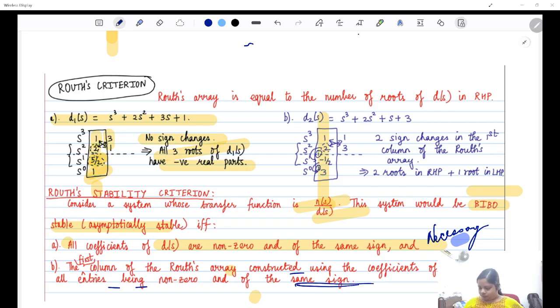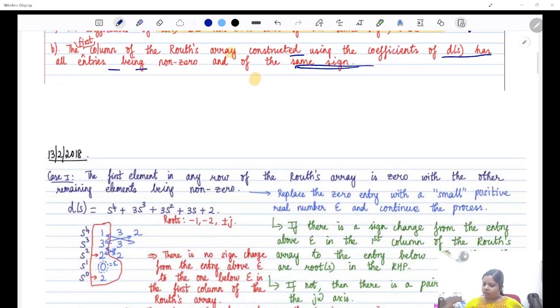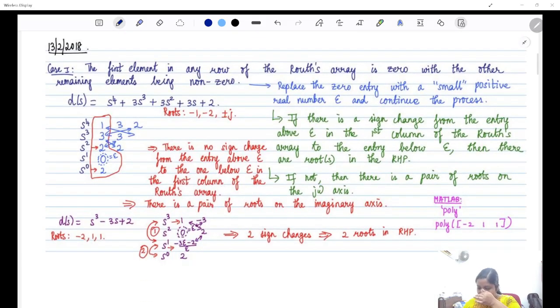So after this, I'll not go through everything, but this is also one of the examples that you might have seen. Here there is a 0 coming over here and it is replaced by epsilon, and then you proceed with the epsilon.